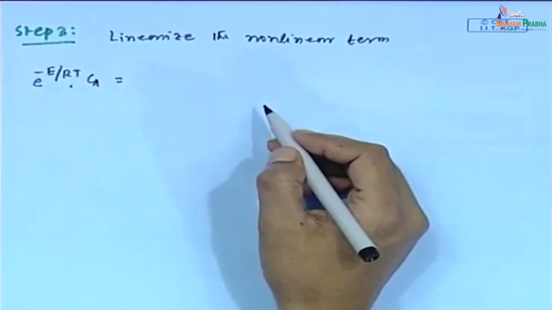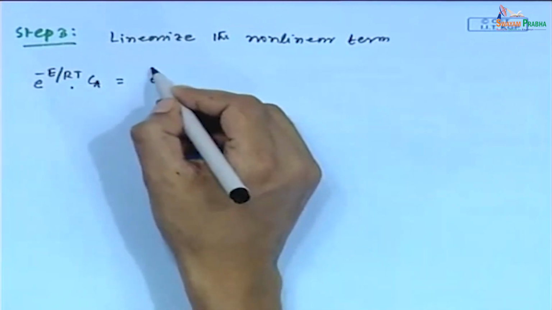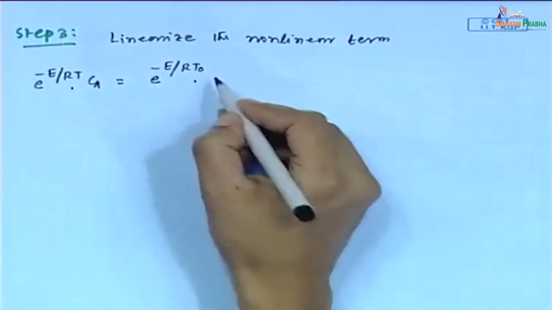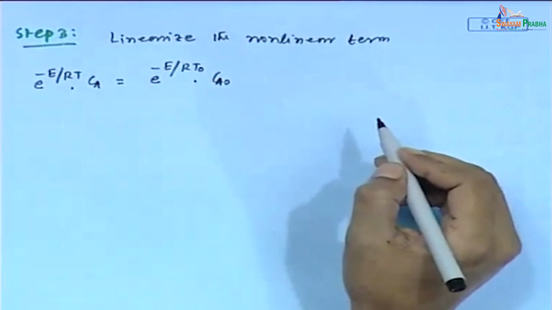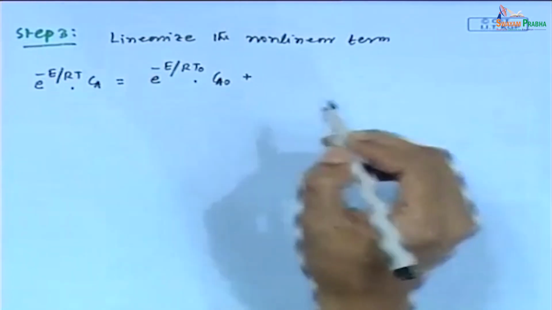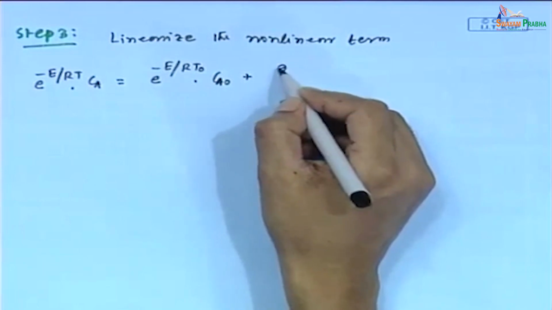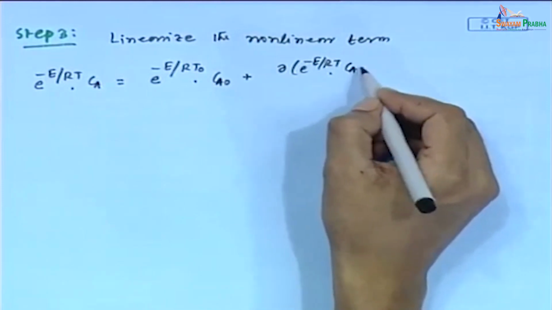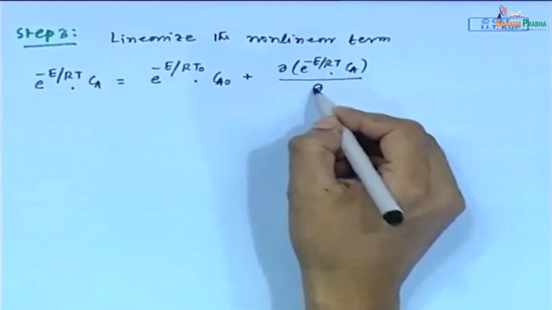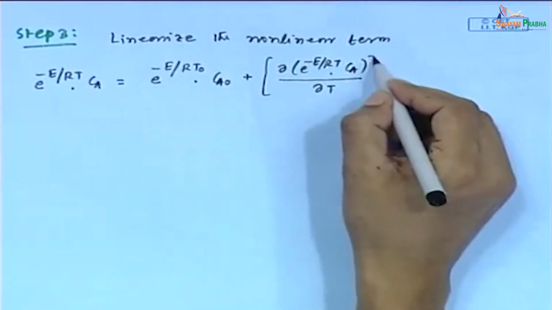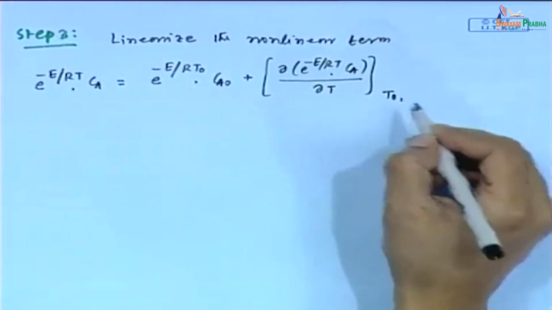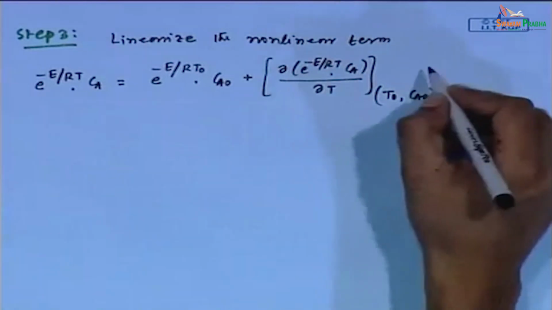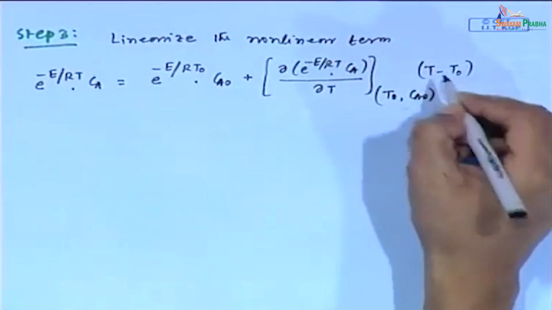This is equal to exponential of minus E divided by R T naught multiplied by CA naught. Then we will derive this, E divided by RT, CA with respect to temperature, at T naught CA naught, multiplied by T minus T naught.